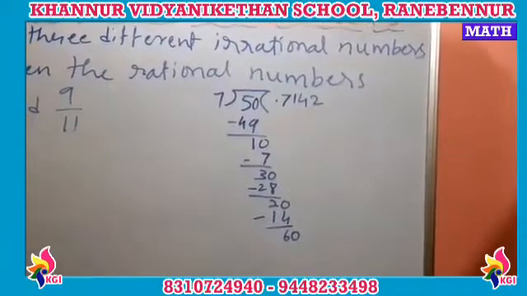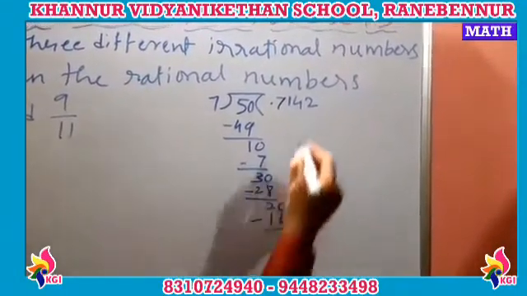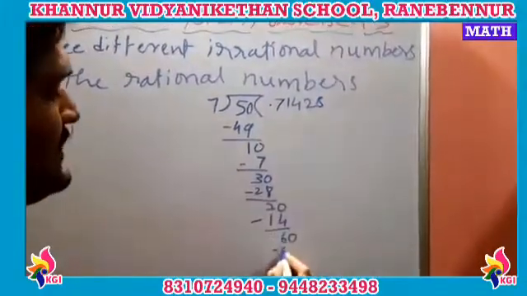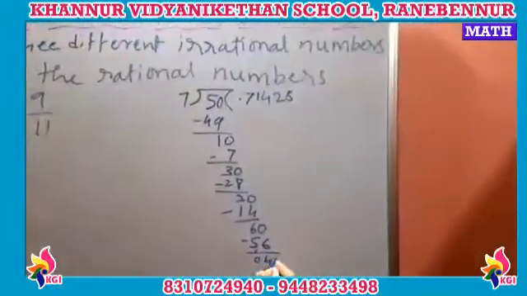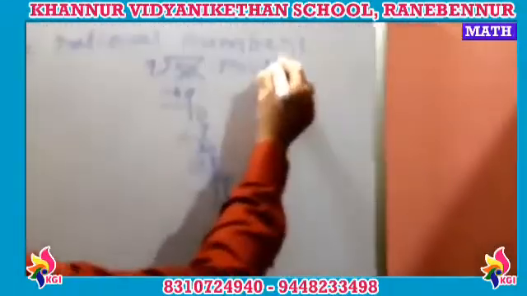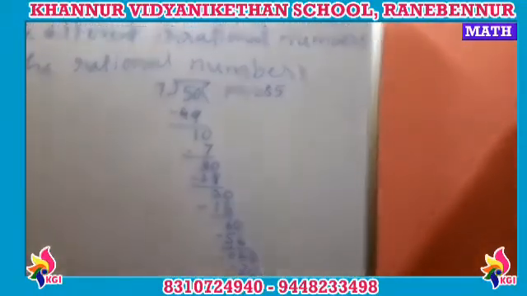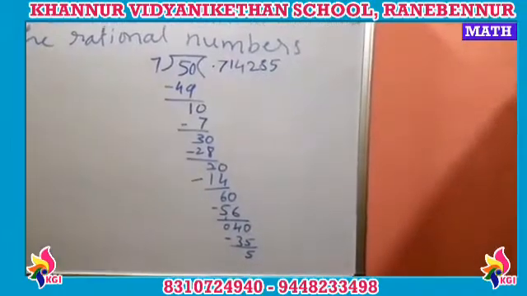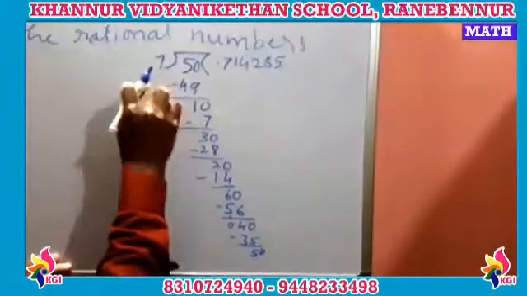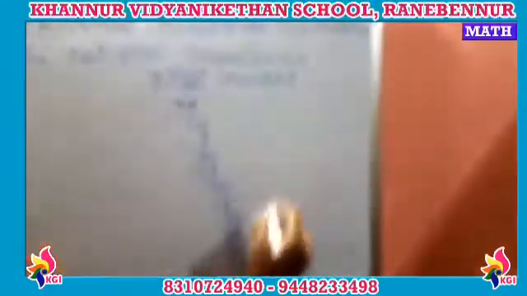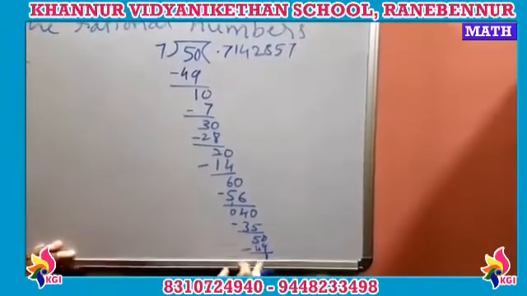I take a 0, it became 60. 7 8s are 56, I remained with 4. Take a 0. 7 5s are 35, I remained with 5. I make it 50. Correct, na children? 7 7s are 49. If I subtract 49, again I get 1, right?